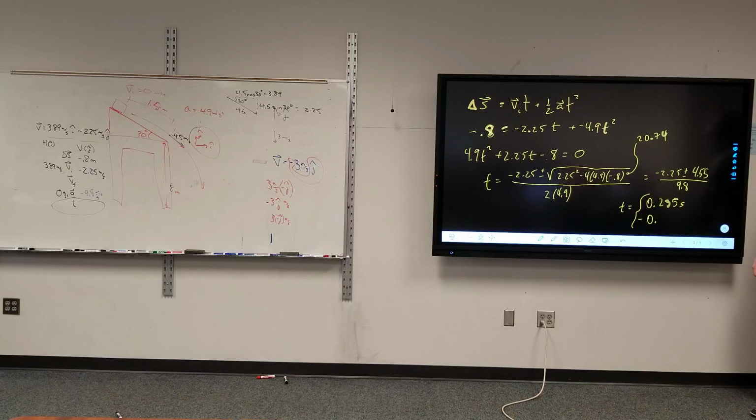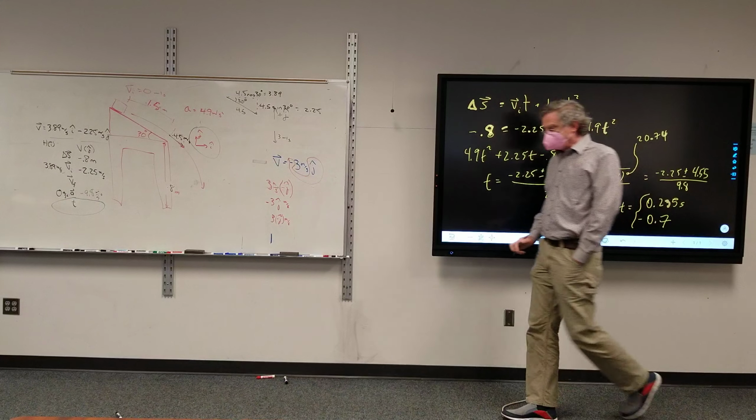Negative 0.7 and 0.235. Is that what you said? Okay.